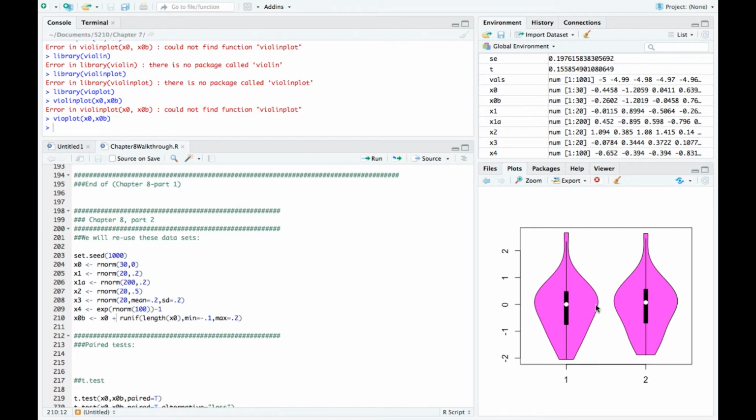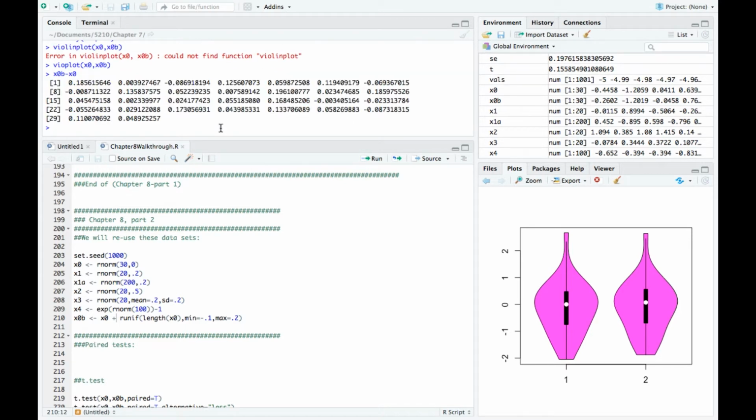I've got two samples, but they're linked. And so what I always can do is calculate the difference between them and do a one sample t-test. So I could do x0b minus x0, and that would give me how much improvement was made.